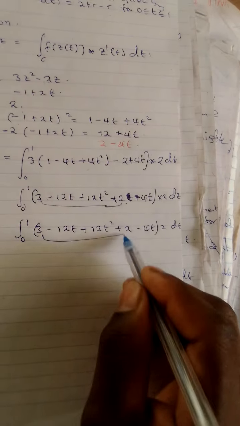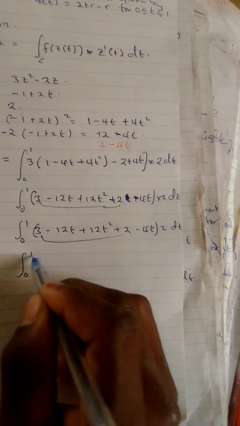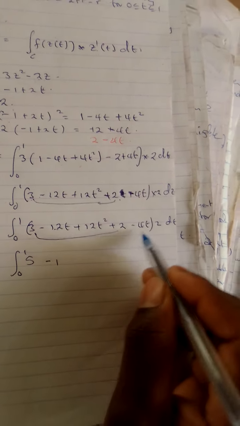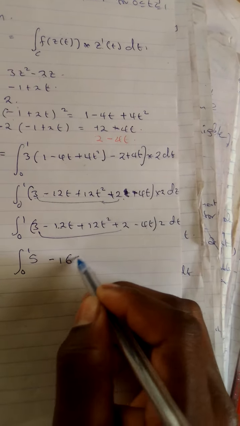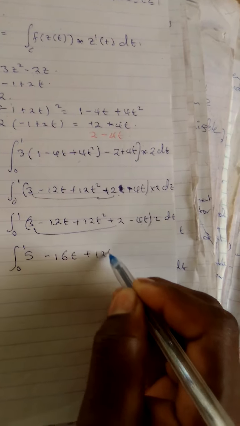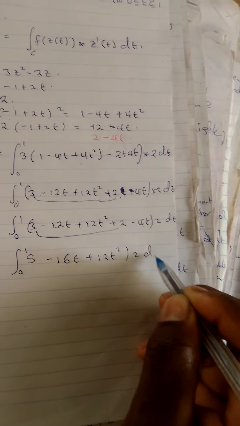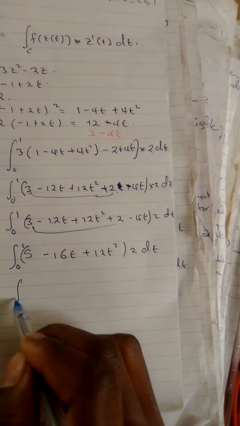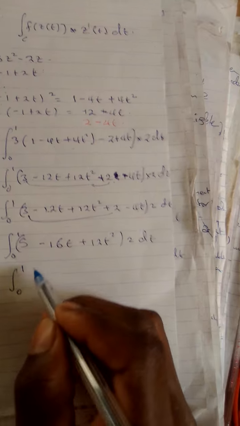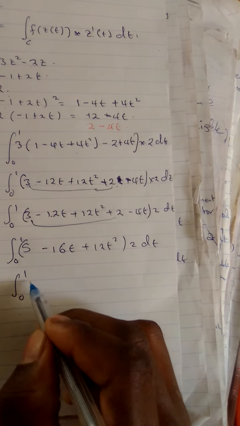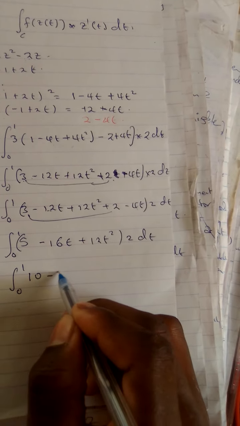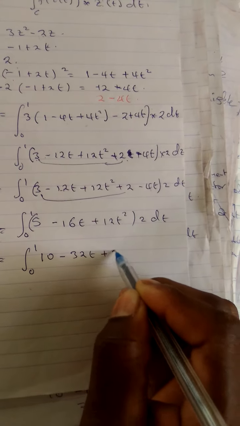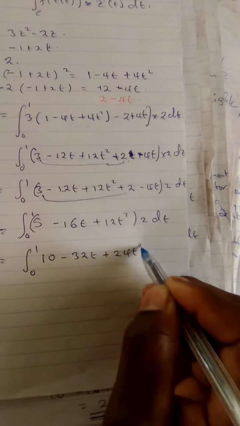So 3 will merge with 2, this is 5, minus 12t will merge with 4t, which is 16t, plus 12t squared, times 2 dt. So my final step: 2 times 5 is 10, minus 32t, plus 24t squared, dt.